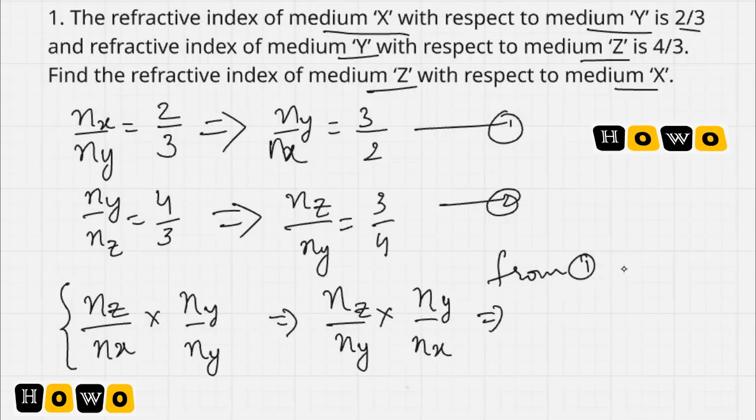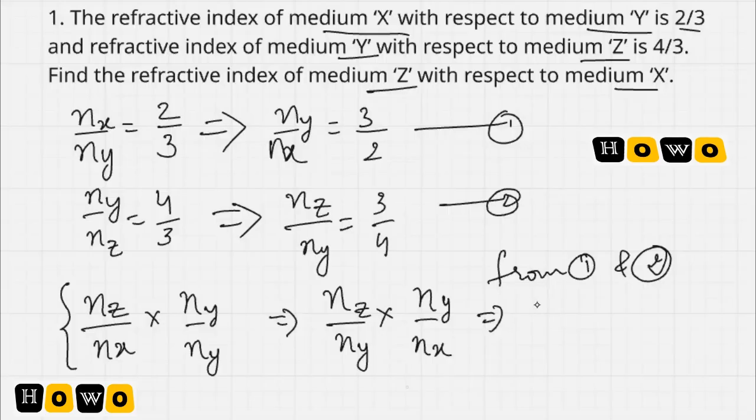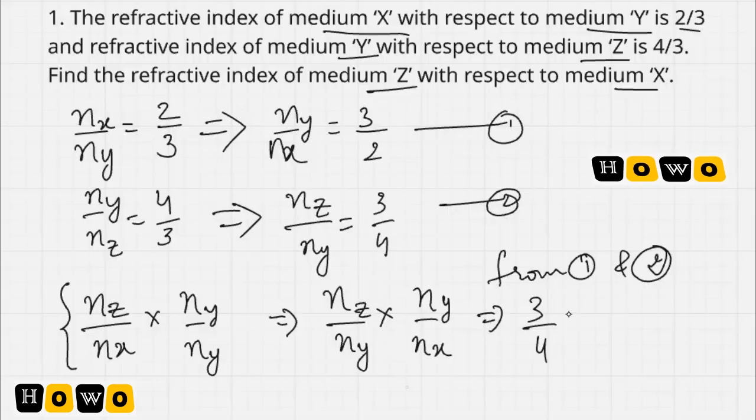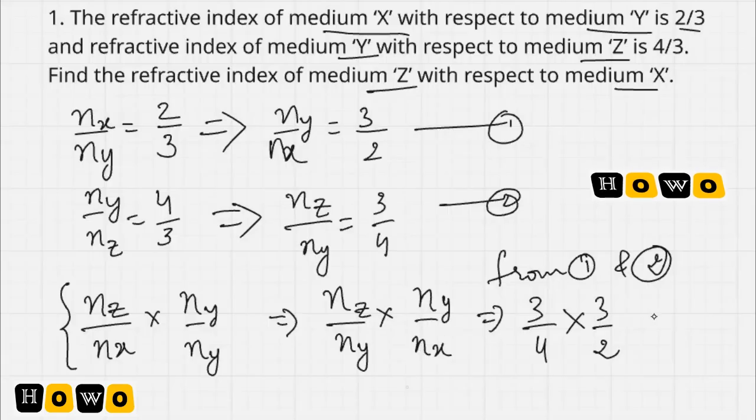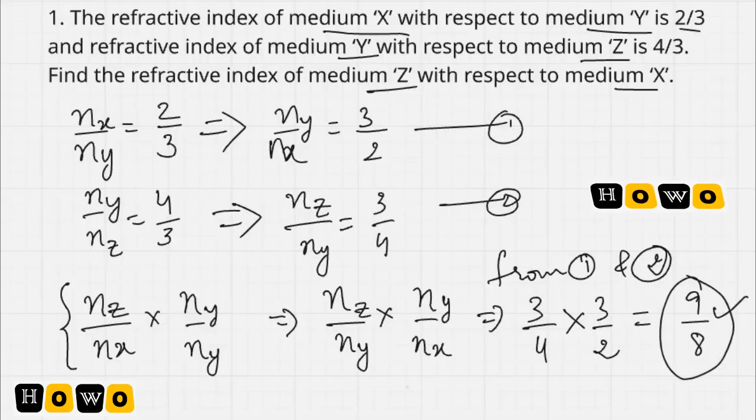Putting the values, that is 3 upon 4 in place of refractive index of Z upon refractive index of Y, and 3 upon 2 in place of refractive index of Y upon refractive index of X. So it will become 3 3s are 9 and 4 2s are 8. That is our answer.